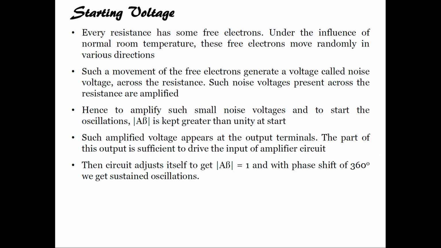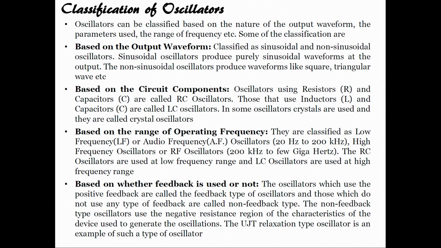Hence, to amplify such small noise voltages, we need to keep the magnitude of A beta slightly greater than unity. Then once we have these oscillations, we can keep A beta equal to 1 and phase shift 360 degree to have sustained oscillations. This is the starting of the oscillator.